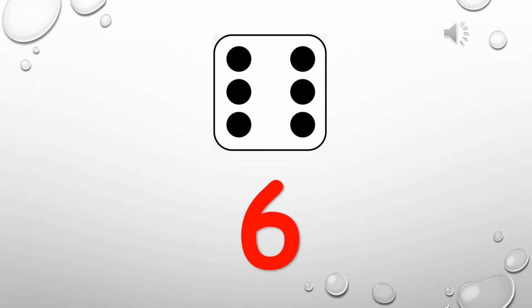Now let us look at the last dice. Can you tell me how many dots you can see on this dice? Yes, it's 6 dots. Well done, children. Good job.